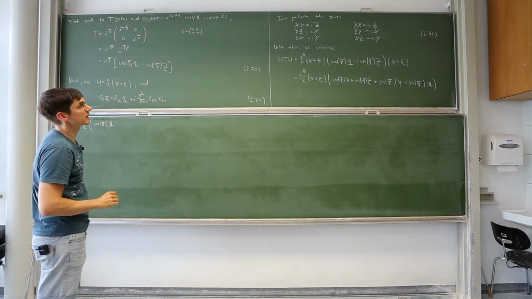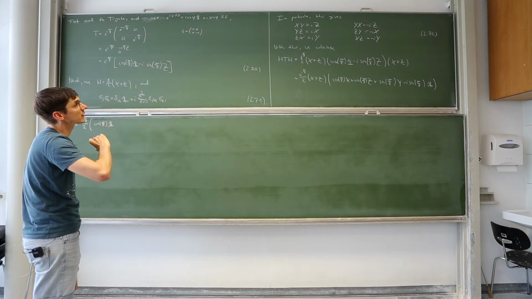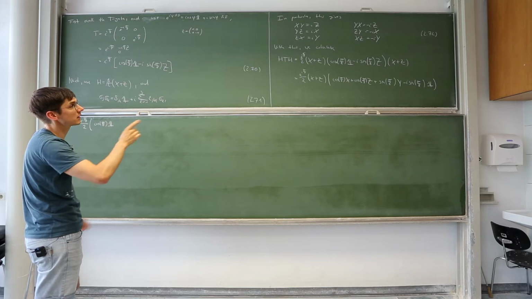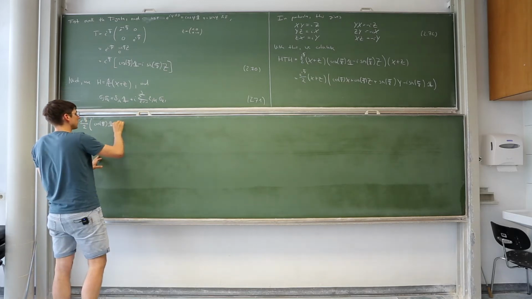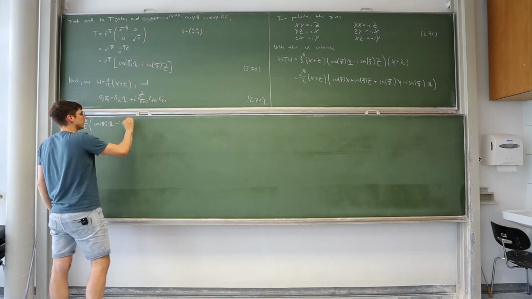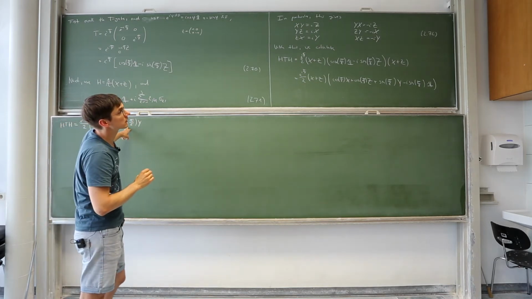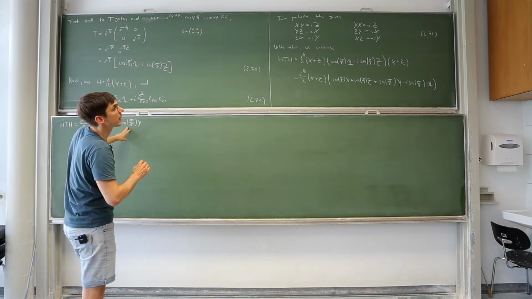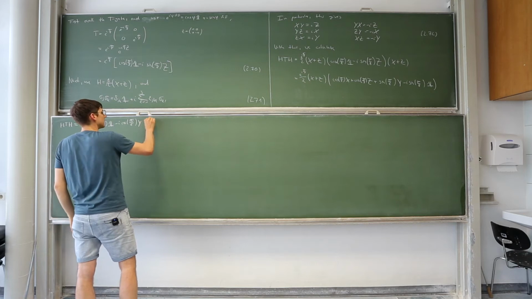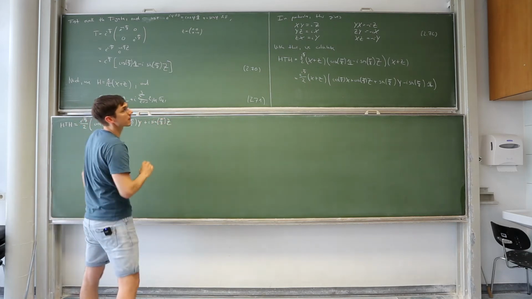And then we have x times z, which gives minus iy, so we have minus i cosine pi over 8 y. And then we have x times y gives iz plus i sine pi over 8 z.